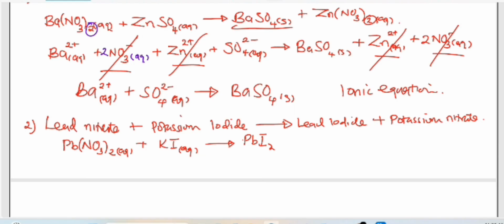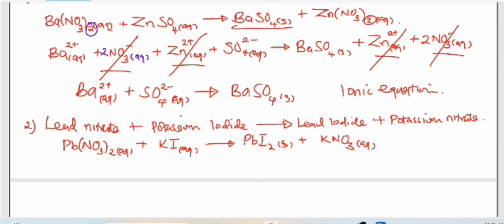Lead is valence 2, iodide is valence 1. So they exchange there. So this one will be in solid state plus potassium nitrate, which will be in aqueous form.